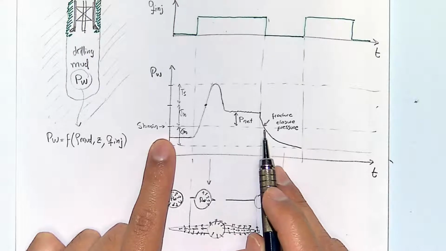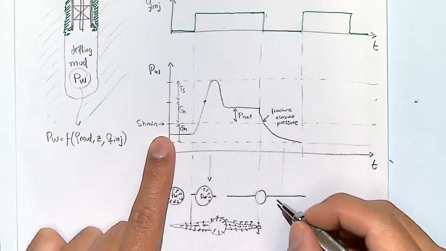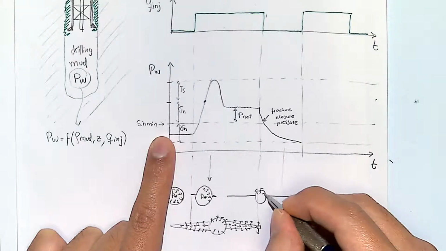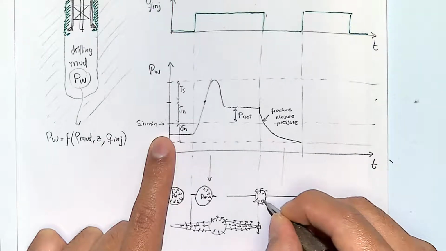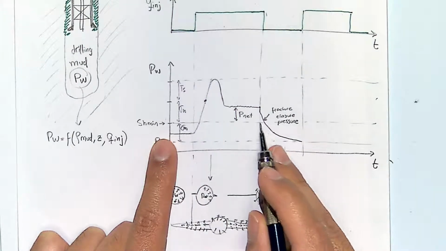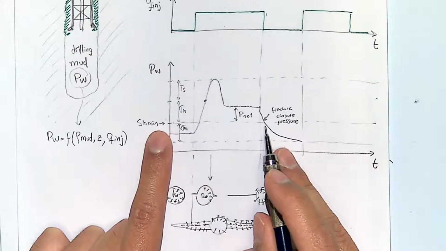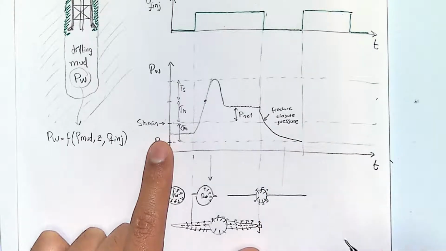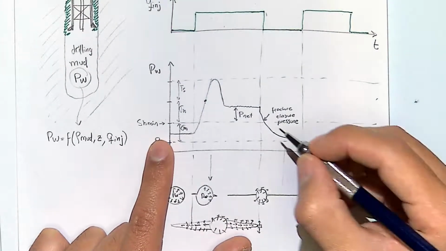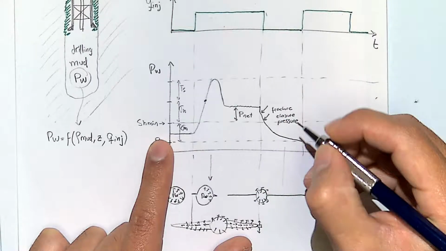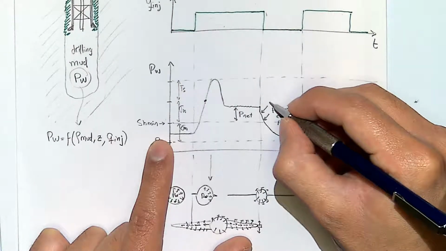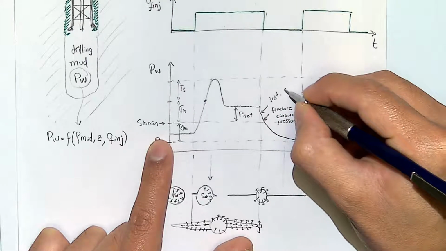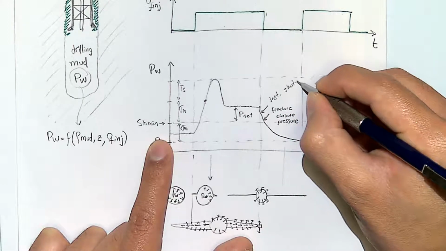So if you find the point at which your fracture closes, at this point you just have leak off from the wellbore, you will be able to tell and to predict what is the minimum principal stress at that case. Before that, there is something which is called the instantaneous shut-in pressure.